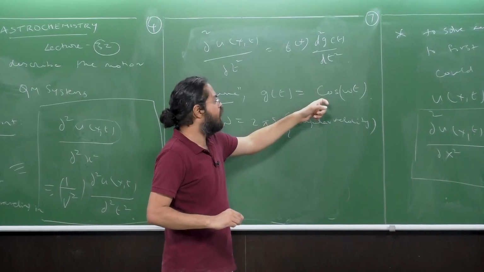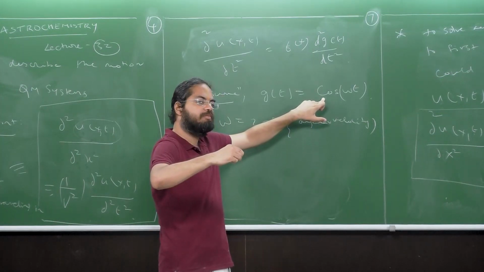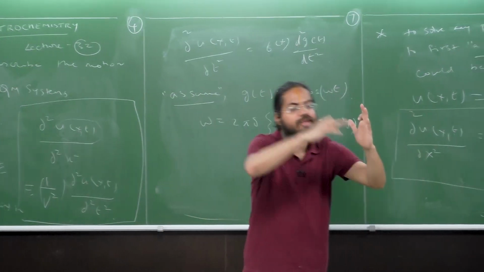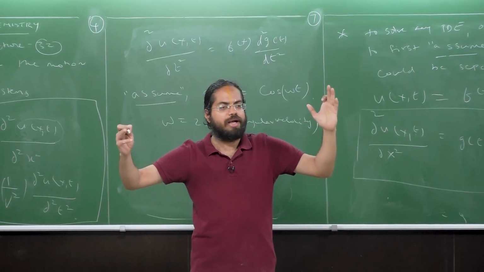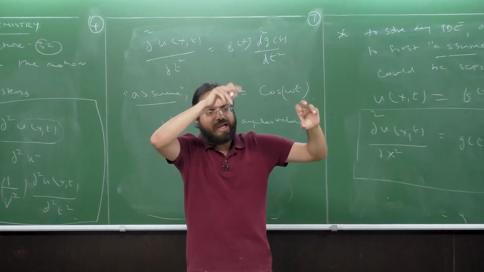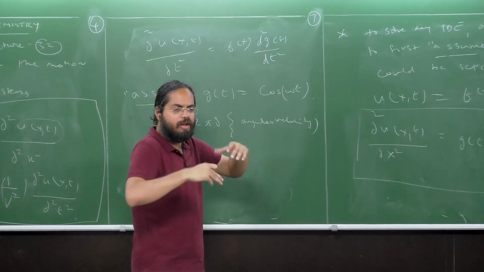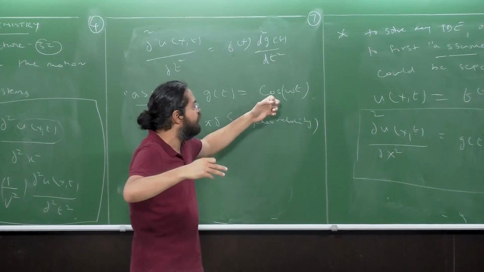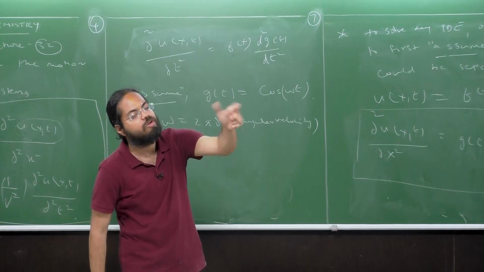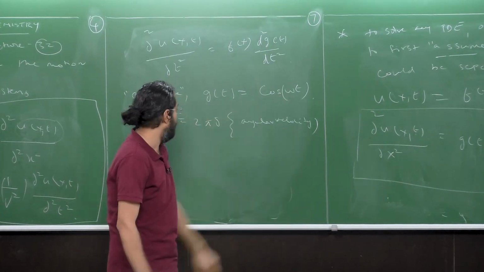It doesn't really matter whether I choose cosine or sine, because I can express any cosine function as a sine function also, because of the relationship between sine and cosine: sin(90° − θ) = cos θ. Ideally speaking, I should have a combination of both sines and cosines, but a simplified version can always be this cos ωt.